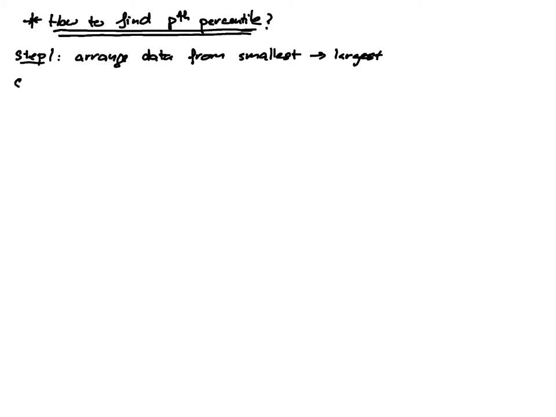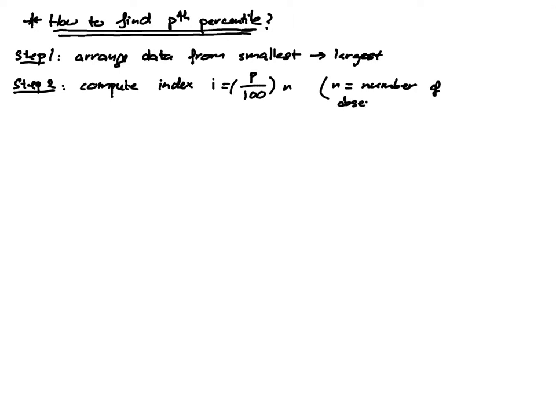In step 2, you want to calculate an index I, where I is equal to p divided by 100 times n, where n is the number of observations, and p, the value of p, comes from the p percentile.